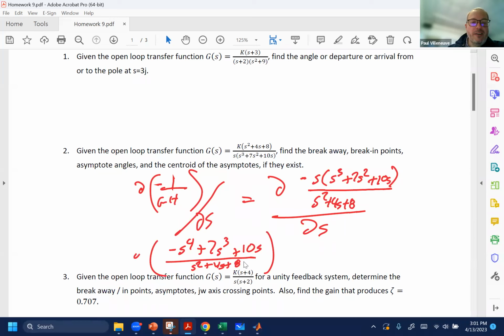You're taking the derivative of that with respect to s. It's the only variable. So now remember, it's the derivative of the numerator times the denominator minus the derivative of the denominator times the numerator, over the denominator squared.